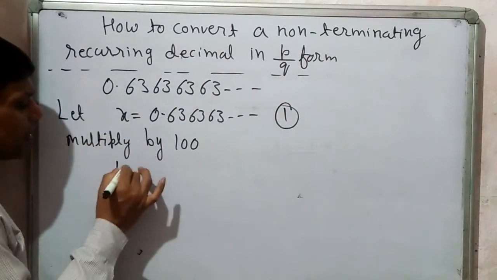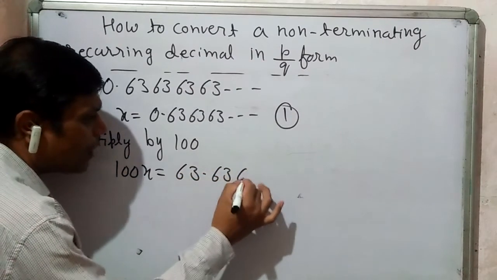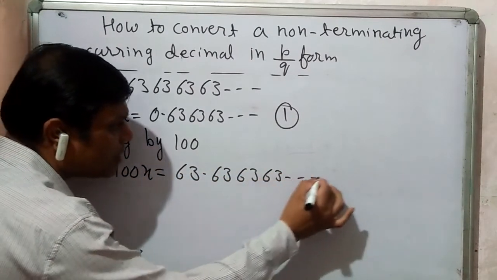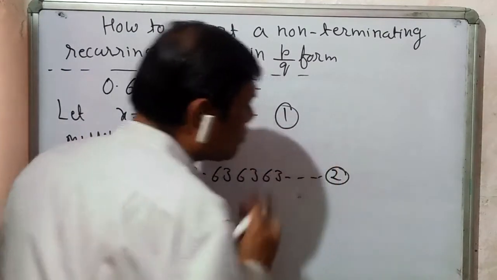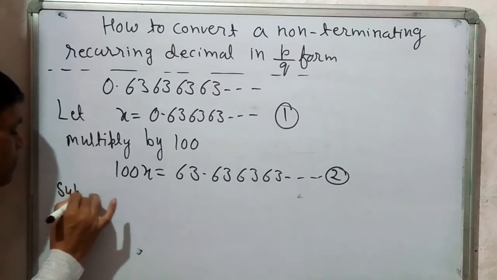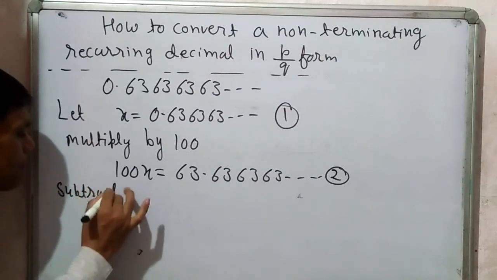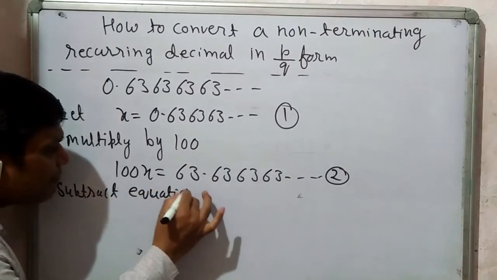What we get this time is 100x equals 63.6363 repeated many times. This is equation number 2. Now the same process we will adopt. We will subtract equation 1 from equation 2.